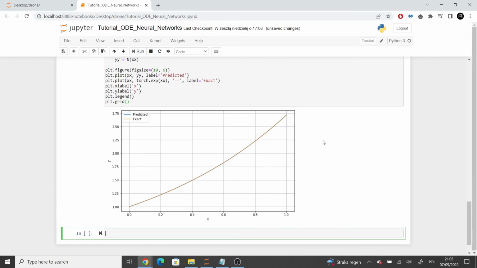As you can see, we managed to successfully predict the solution to the equation. Since it is a very simple case, the results are extremely precise.